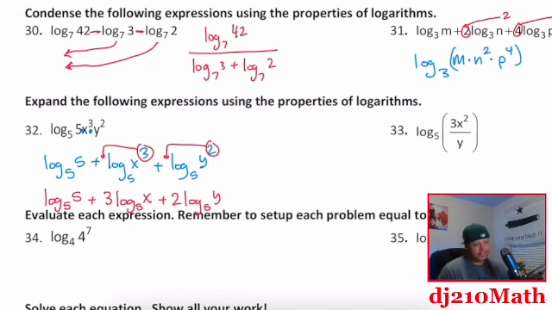If you can get here, I think you're good. But there's this weird property where this is actually going to equal 1 when the base and the argument match. That doesn't always happen, but when it does, it's a 1. If it's multiple choice, you may not see your answer, because log base 5 of 5 is 1.